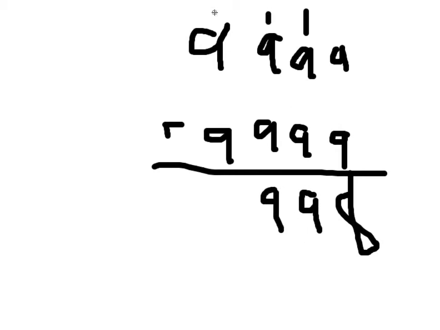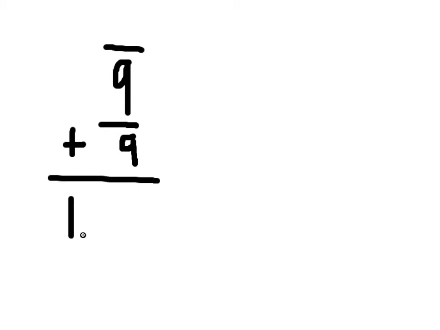So 0.9 repeating plus 0.9 repeating equals 1.9 repeating 8.